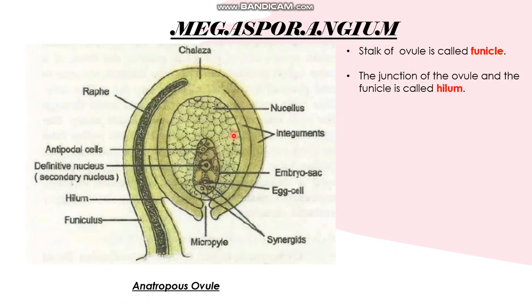Now, an ovule consists of two parts. The central mass of diploid cells is known as nucellus, and covering the nucellus there are two envelopes known as integuments.